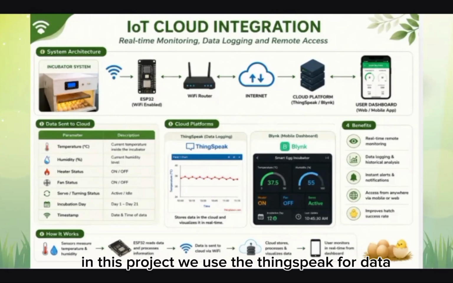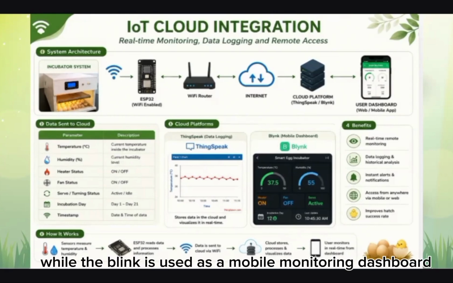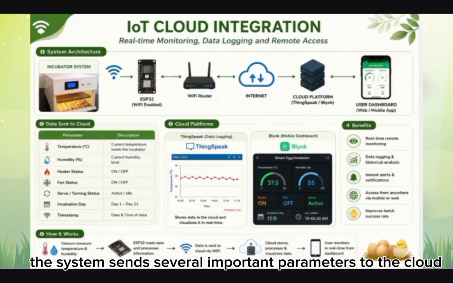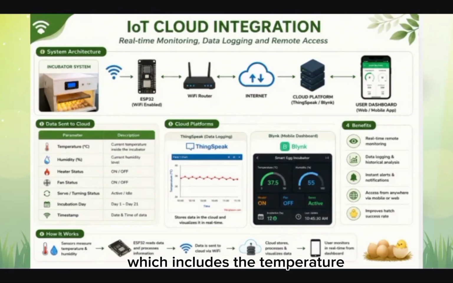In this project, we use ThingSpeak for data logging and graphical visualization, while Blynk is used as a mobile monitoring dashboard. The system sends several important parameters to the cloud, which include the temperature, the humidity, heater status, fan status, servo activation, incubation day, as well as the timestamp data.